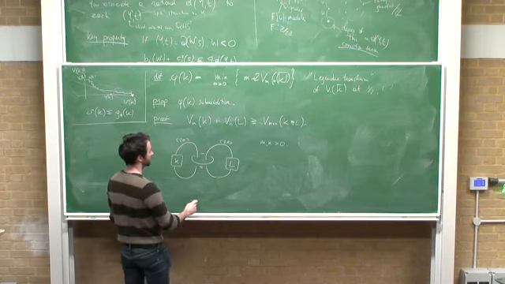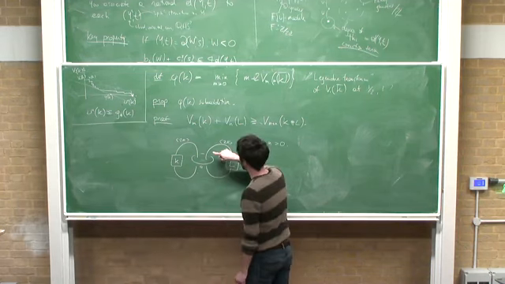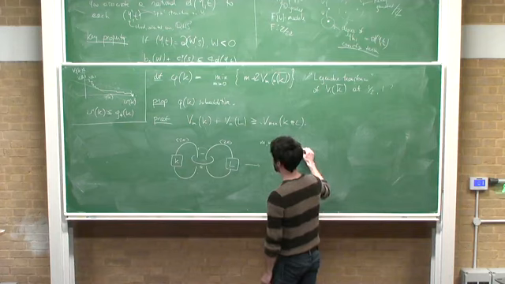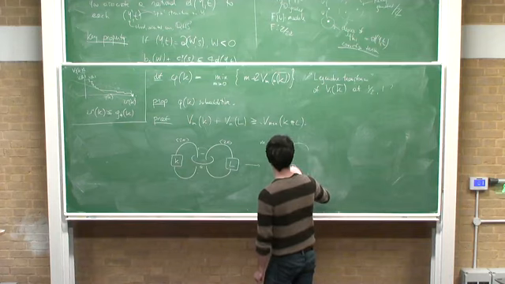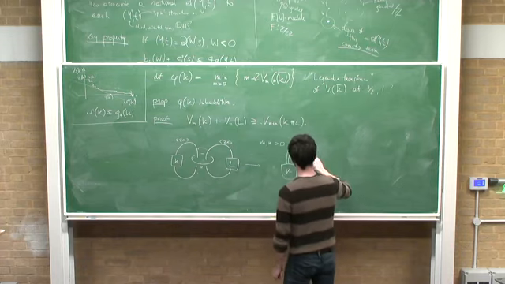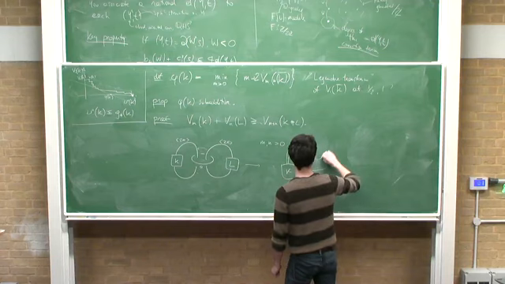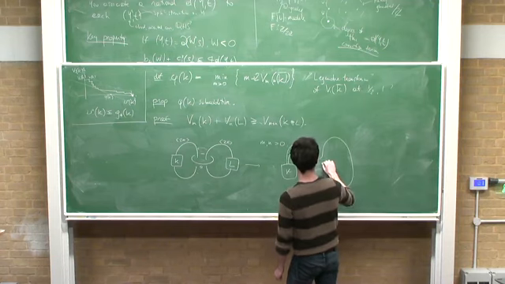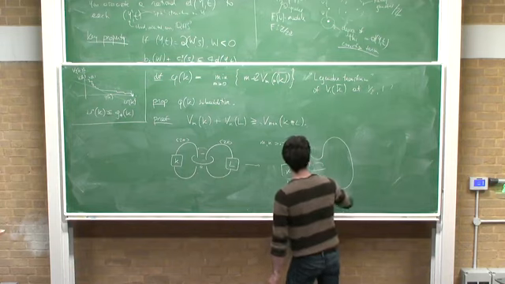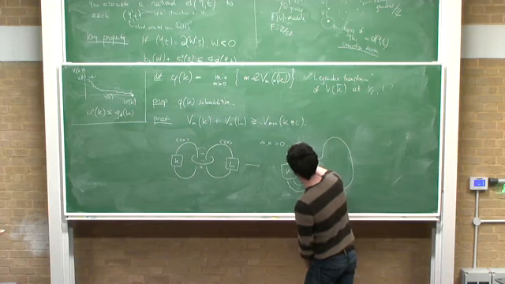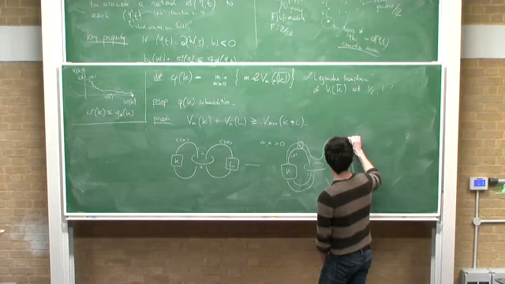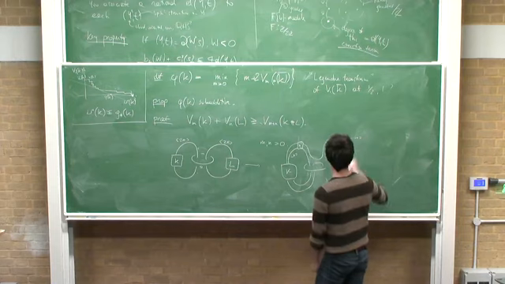But let's see what the other boundary component is. We just do a handle slide here, and if we do a slide, we get k and L with a twist, where k stays with framing 2m, and L now gets framing 2n plus 2m.